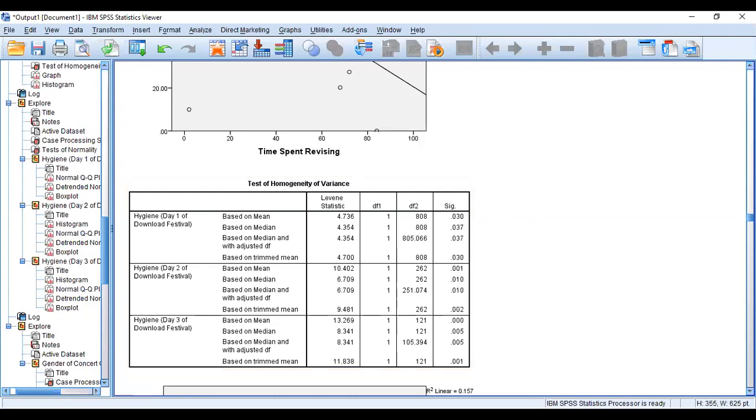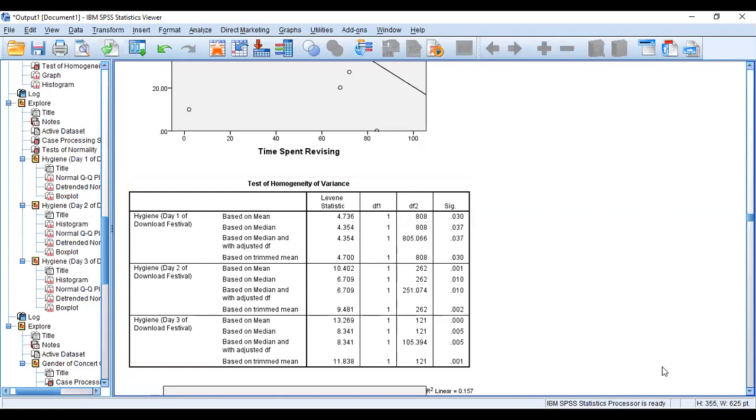For assumption purposes, we need both the assumptions. It means our data should be normally distributed and our data should be homogeneous. So we should report only two things. One, for normality we should report the KS test value, and for homogeneity we should report the value of Levene's test. Okay, and both values should be greater than 0.05.